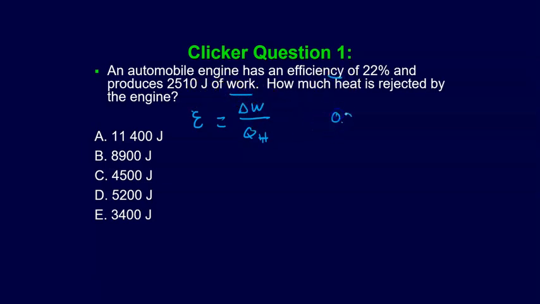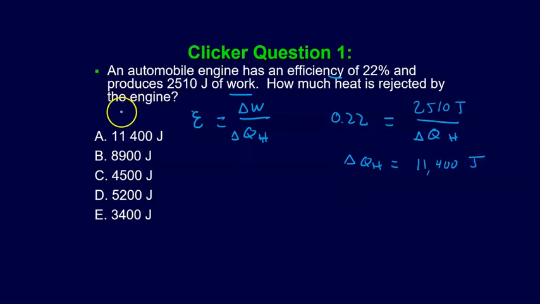So the efficiency is 22% or 0.22, and that equals the work, which is 2510 joules, divided by delta QH. To be consistent, I should put a delta down here. I can solve for this QH, and when I do, I get about 11,400 joules.